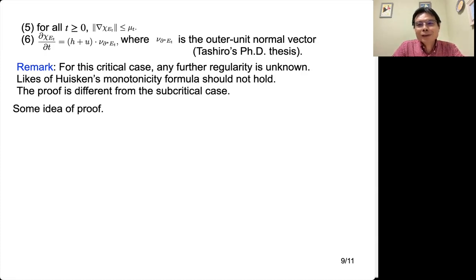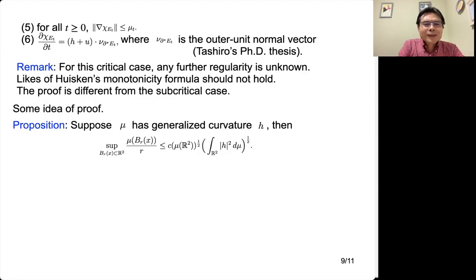So this all comes down to some realization as follows. It's actually very special for 2D somehow, and I don't think you can do it for higher dimensions. But the idea itself is relatively simple. It comes down to this formula: suppose that mu has a generalized curvature, mean curvature, in this case 1D.